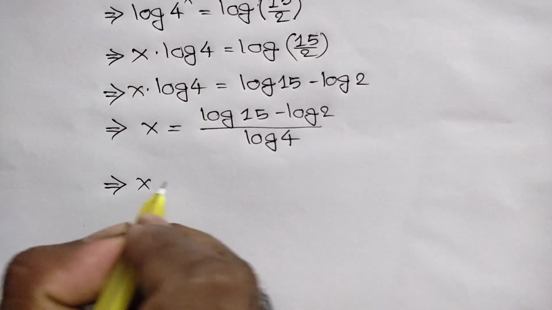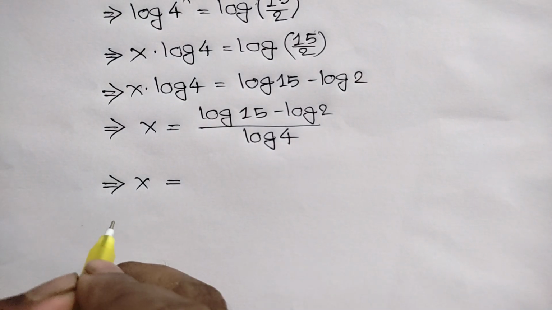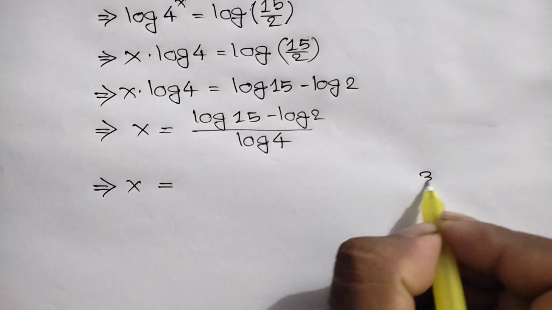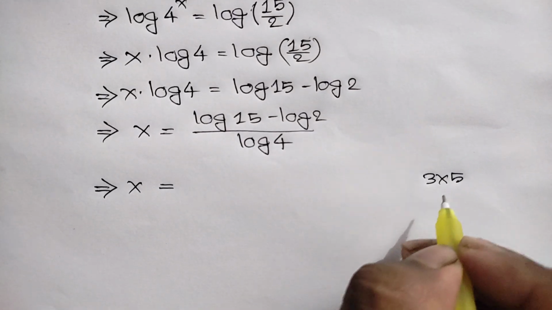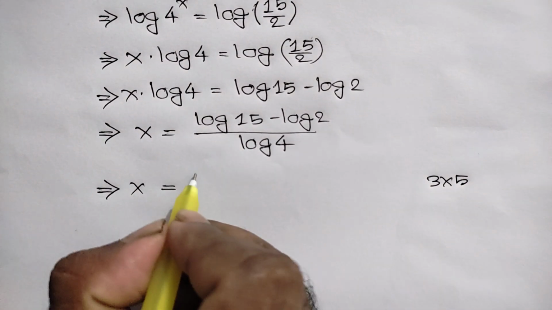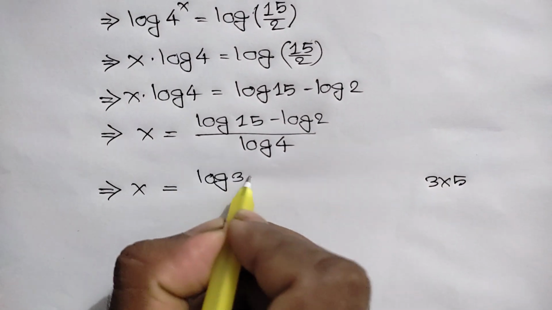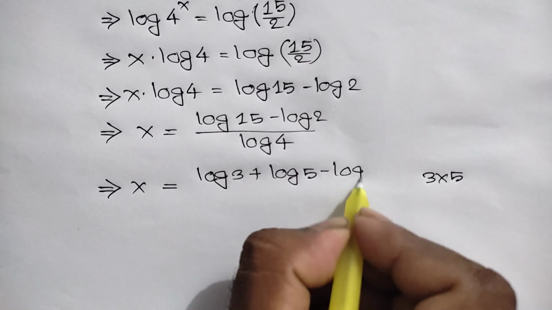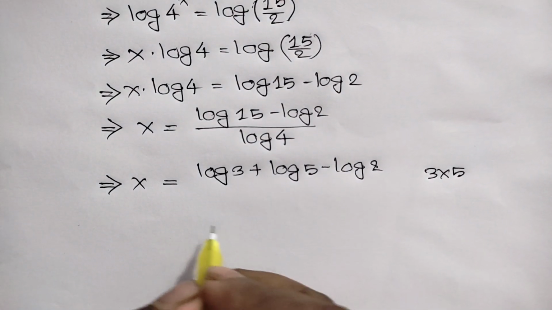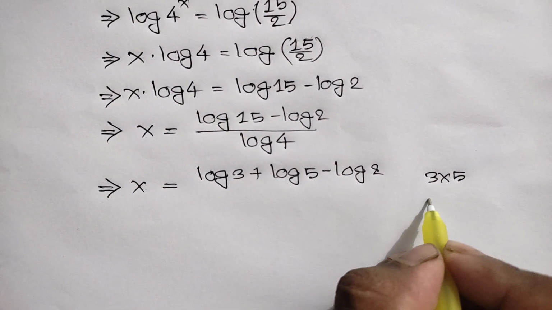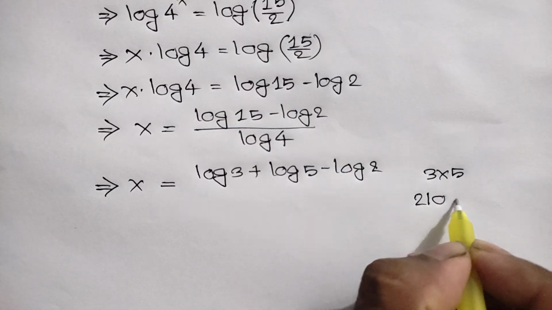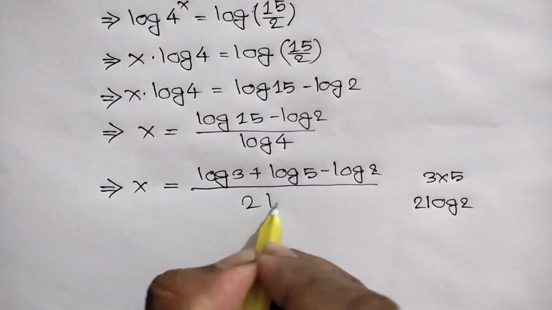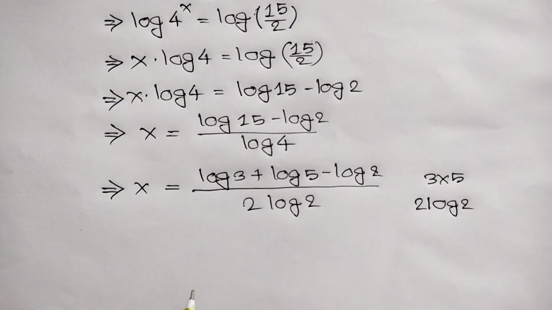or x is equal to, now 15 can be written as 3 times 5, so we will get log of 3 plus log of 5 minus log of 2, and because log of 4 can be written as 2 times log of 2, so we can write here 2 times log of 2.